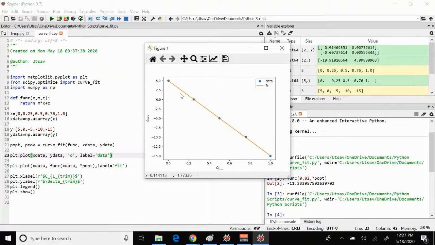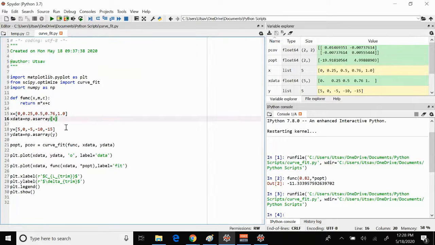You can notice that, as we had expected, delta trim as a function of CL trim is a straight line, so the linear fit is valid. Now we can also obtain the equation for this line, and as I mentioned already, the coefficients in the equation, m and c, are contained inside this POPT array.